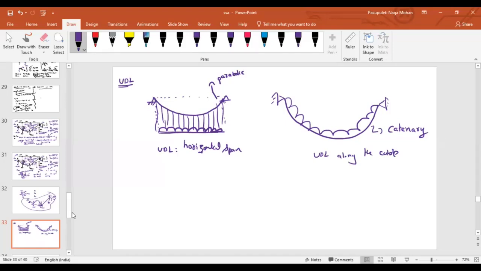And solving this is not as easy as it looks. Why? Because here the loading is acting on the horizontal span, which means the loading is truly acting along the vertical direction. But here, if I take each and every point, is my load truly acting on the vertical? Are they truly acting on the horizontal?